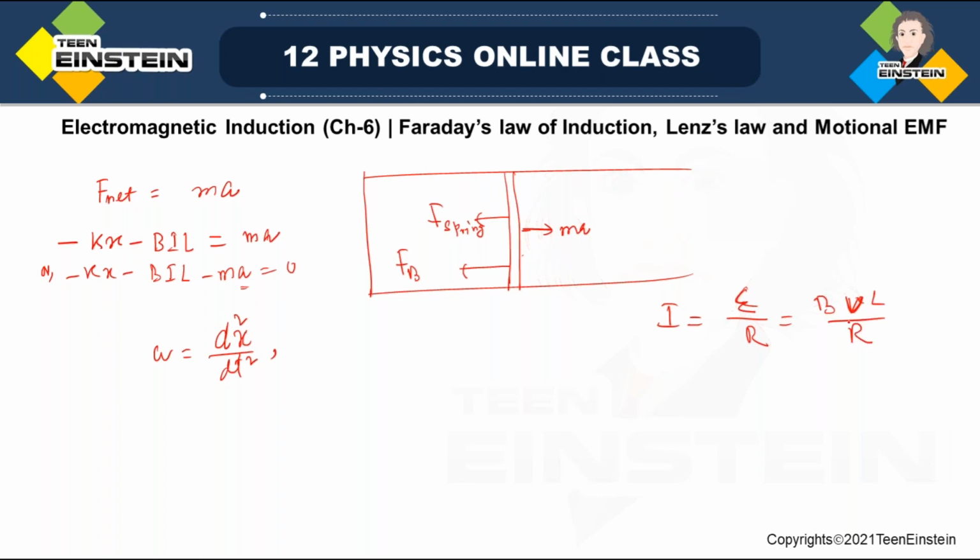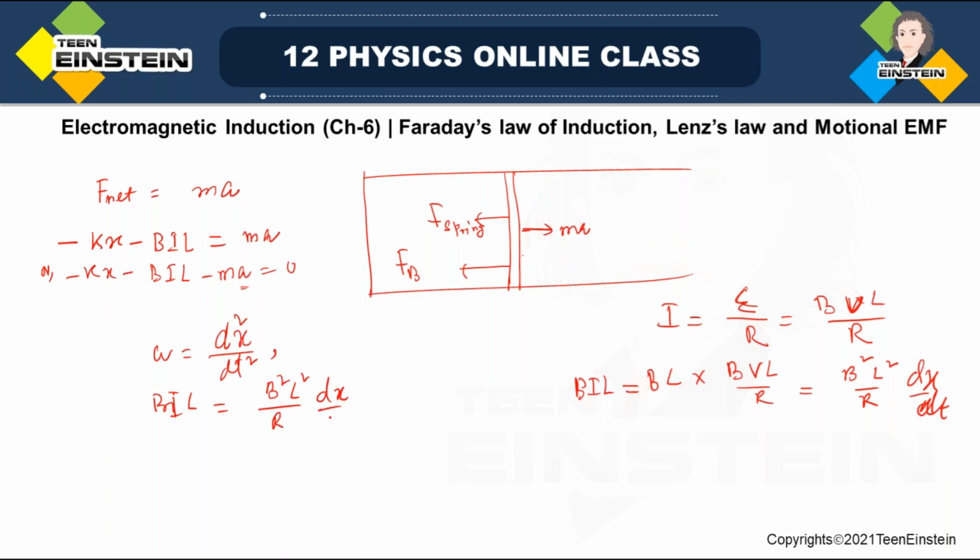So it is BVL by R. So if we put this, B into L divided into I means B V L by R. So BIL, or IBL, this magnetic force can be written as B square L square by R into dx dt. That is V, I am writing dx dt.